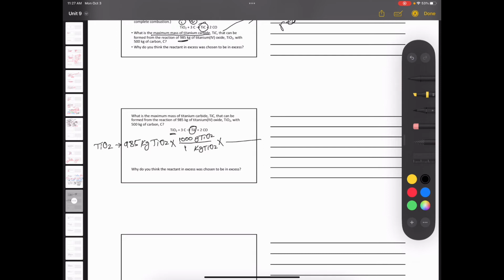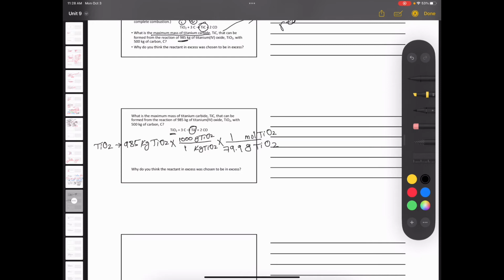Next thing I need to do, in order to use my stoichiometric relation, is convert that into moles. Okay, so now I have mole titanium oxide, and I have a gram of titanium oxide. Now, for the titanium oxide molar mass, it's 79.9, so it's 1 mole per 79.9 grams.